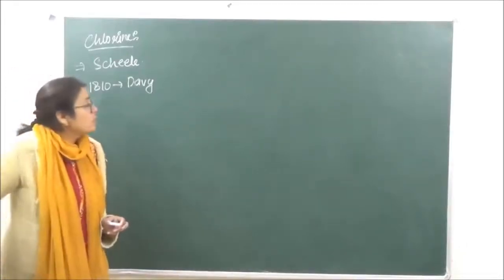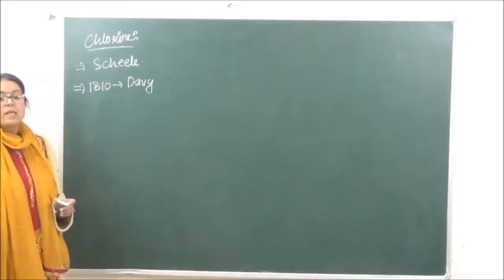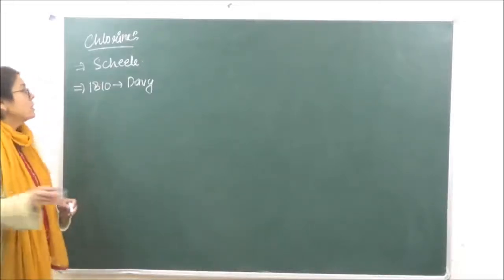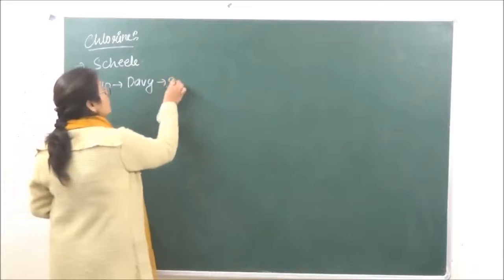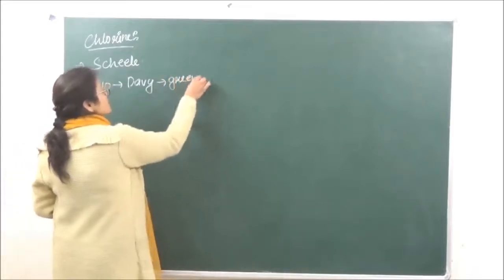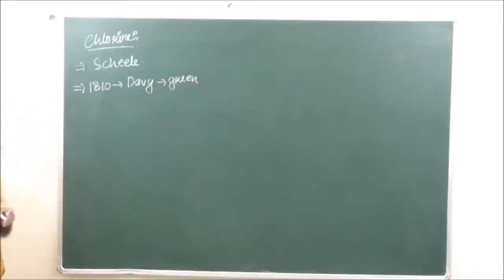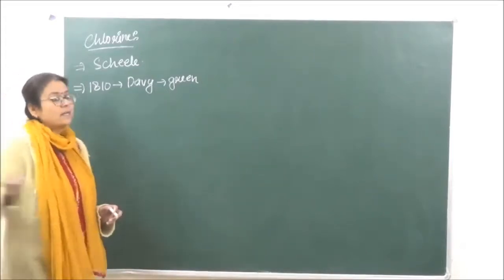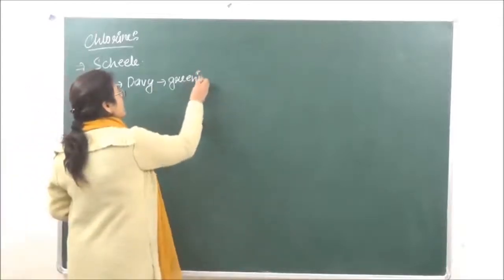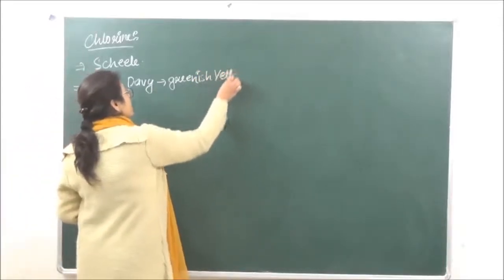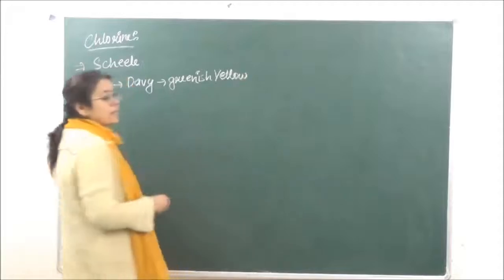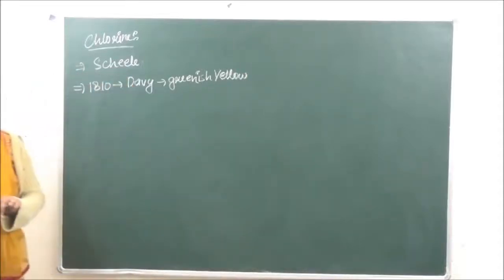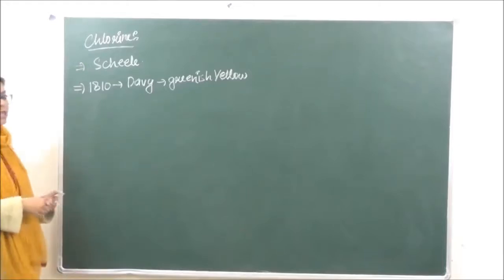And he was the one who named it chlorine due to its color, which is greenish yellow. So chlorus comes from the word green, right? You know what chlorophyll is, na? It is present in plants, that is green in color. So that is how we get this name, greenish yellow in color.